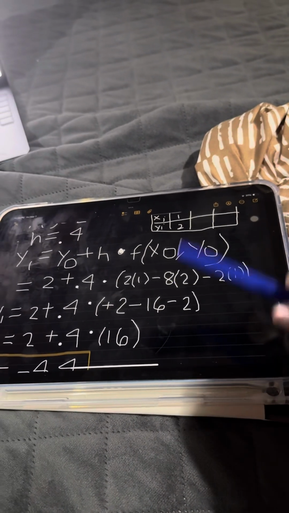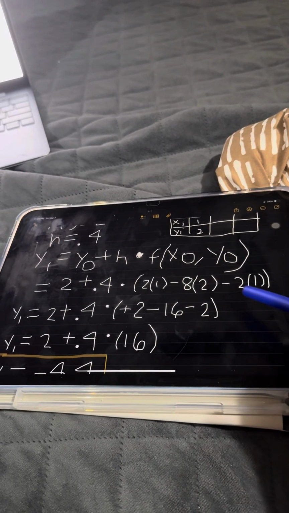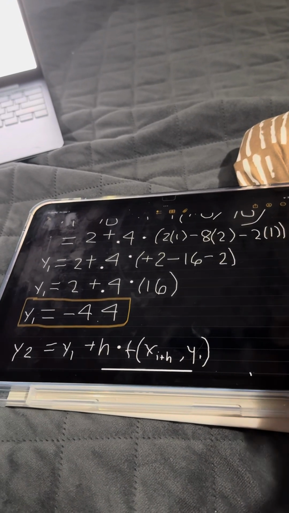Once we solve this side, it's going to be 2 minus 16 minus 2. These two will cancel out, leaving only our negative 16.